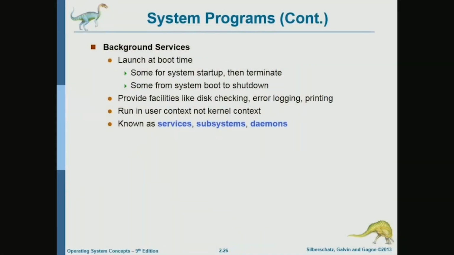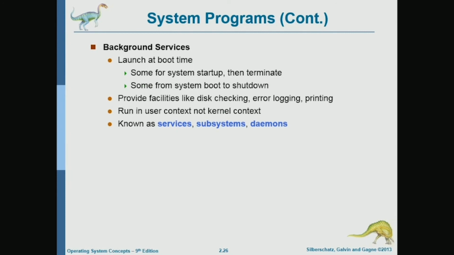But there are system programs that you as a user, the user does not launch. They are launched by the system itself. They may be launched at boot time, so there are system programs that are launched at boot time, and then when they complete their tasks, they terminate. And there are some background system programs that the system creates, and they stay all the time.